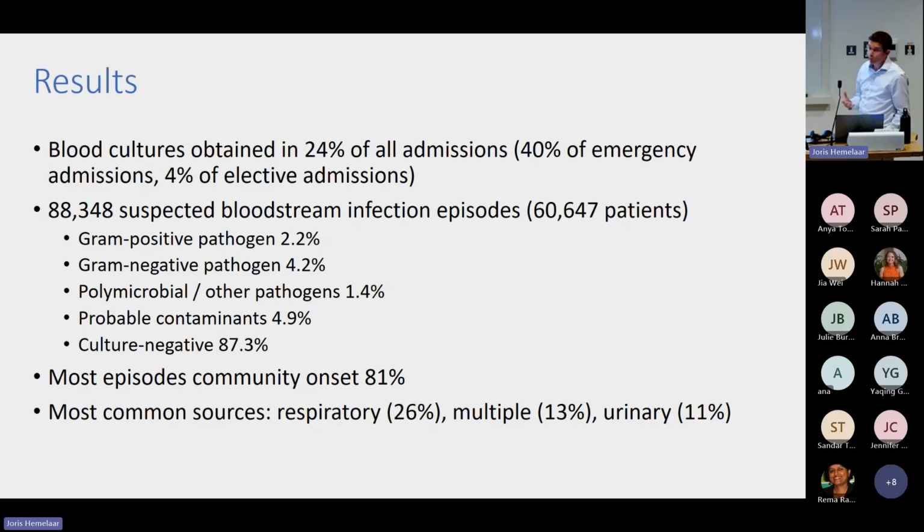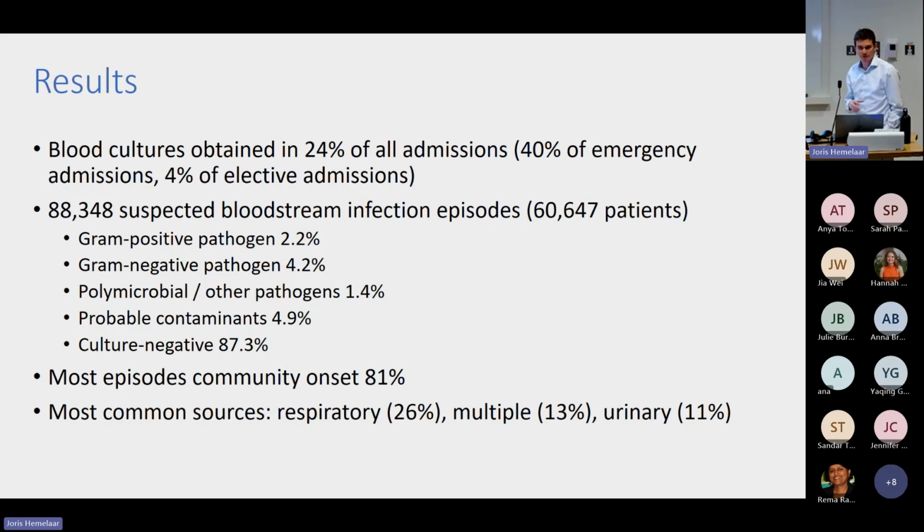Roughly a quarter of all people who come to hospital end up having a blood culture taken at some point, many more in emergency admissions than those who come for a planned admission. So we had just under 90,000 suspected bloodstream infection episodes to look at. About 8% of those are culture positive for a pathogen, either a gram-positive pathogen like Strep pneumoniae or Staph aureus, or a gram-negative pathogen like E. coli, and then some are a mixture of multiple pathogens or rarer pathogens.